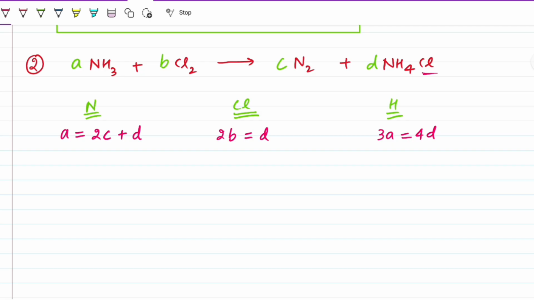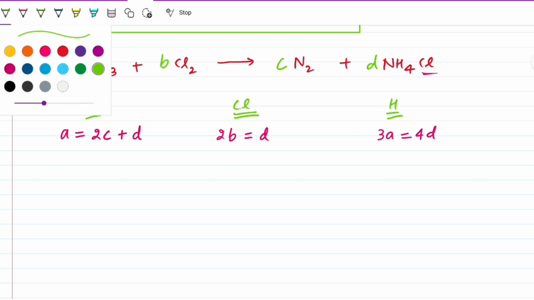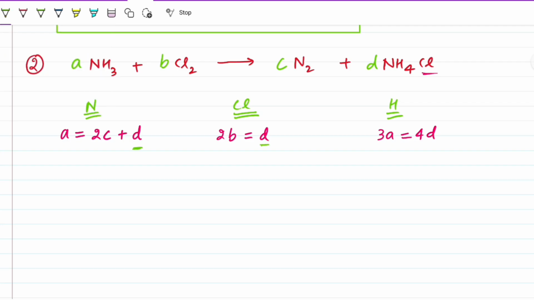Assume any coefficient to be 1. Now I can see that D is here, D is here, D is here. So let D equal 1, because D is the most repeated factor. When D equals 1, 2B equals D, so B will come out to be 1 by 2.